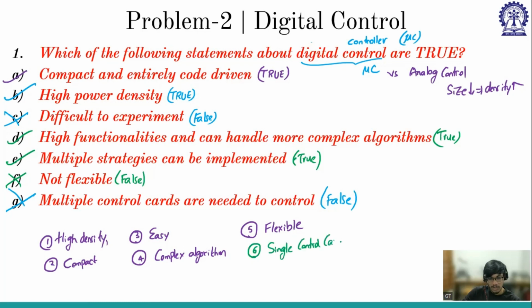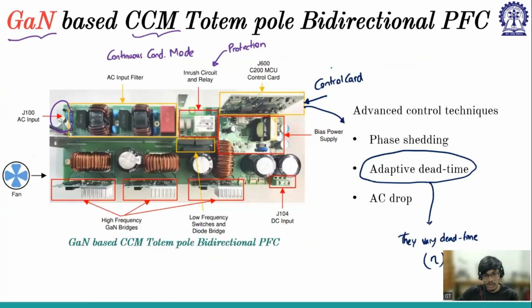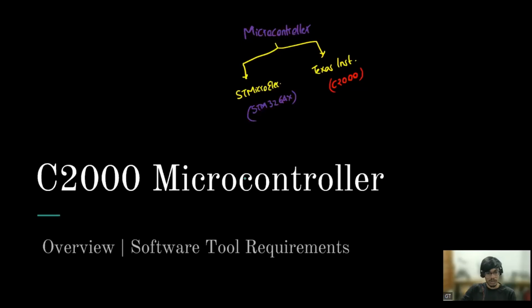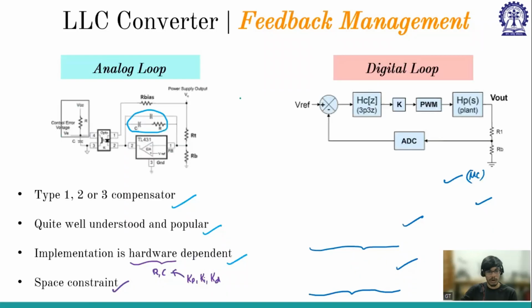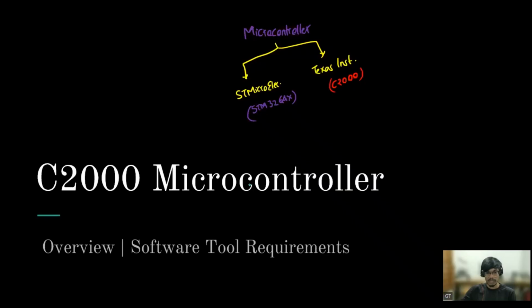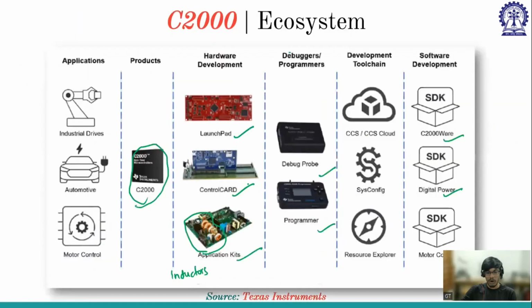So I'm saying this last one should be true, right? That multiple control cards are not needed, only a single control card is needed, right? Whatever our application, a single control card is okay in any application. See, this is a very high power application, a 2.5 kilowatt EV charger, and they need one controller only. They will not need many controllers, because this controller itself has the capability of doing all the things by itself.